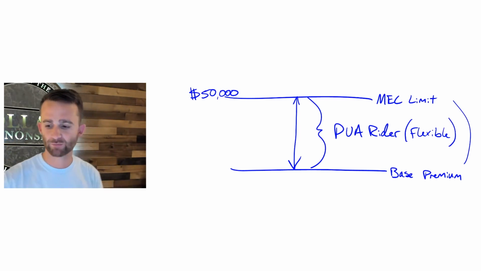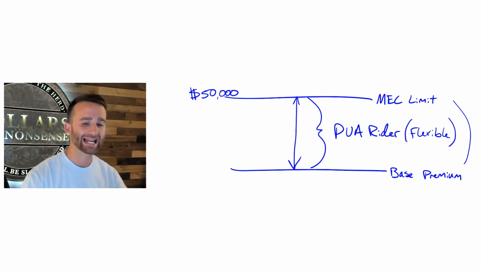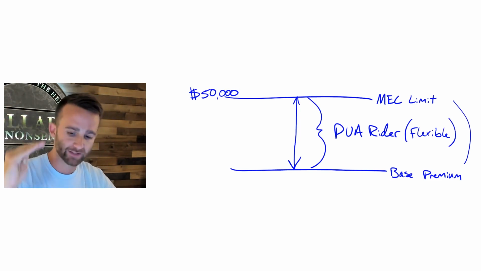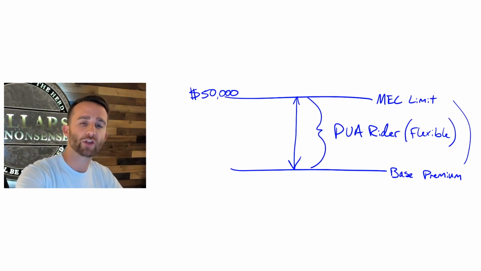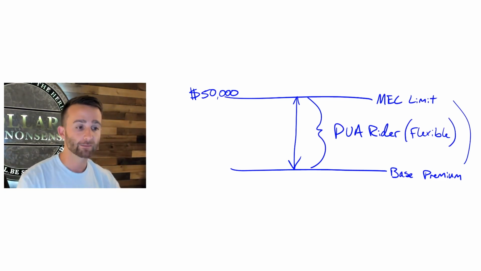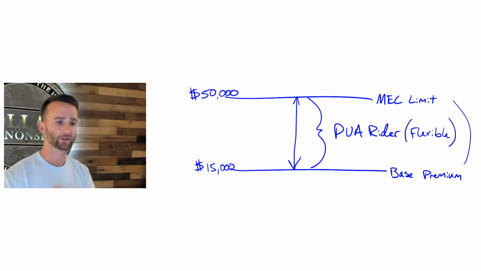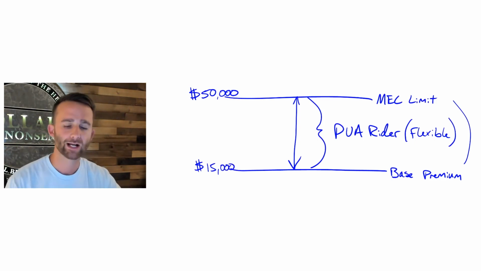If he contributes 50 grand of premium, and that's what he wanted to do, then he's maxing the policy out. That also means that on the bottom end of the spectrum, the base premium of the policy is going to be way lower than the MEC limit. Maybe it's going to be somewhere around 15,000, maybe a little lower, maybe a little higher, depending on the situation that's going on. So somewhere in that ballpark range, likely.